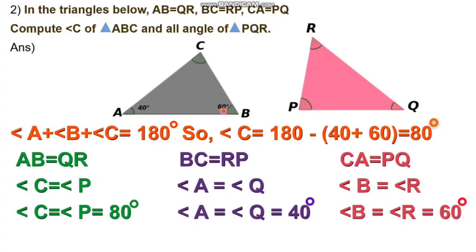Opposite of CA, angle B. Opposite of PQ, angle R. So we can write, CA equal to PQ, so angle B is equal to angle R. In the figure, angle B is given as 60. So angle R is also 60. We can write angle B is equal to angle R is equal to 60 degrees. Okay, now to the next question.